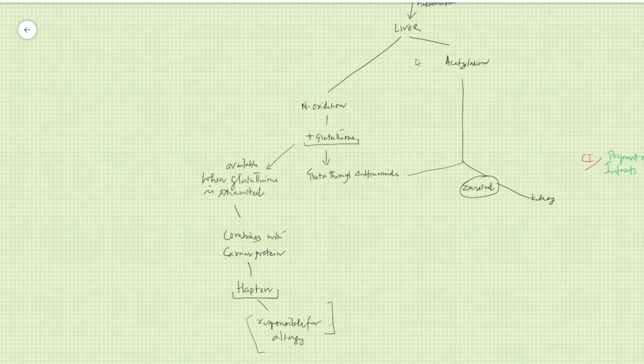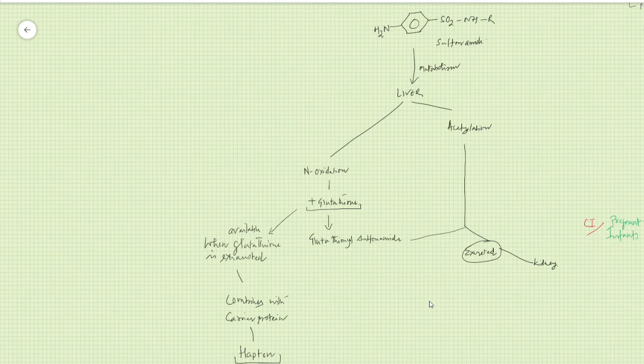In this case, it is the N-oxidated product that is responsible for the allergy. And the acetylated product: both these products, after combining with glutathione, and the acetylated metabolite are excreted through the kidney. So what's the significance of this diagram that we've drawn here?